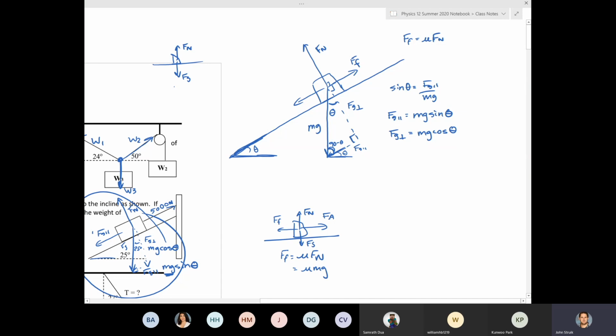Well, in this case, Fn is not mg. Fn is this guy right here, the FG perpendicular. And so the friction that's acting on an object on an incline is mu mg cos theta. So that's kind of a breakdown of inclines for those of you who haven't done it before.